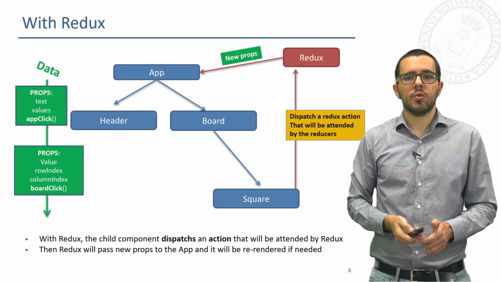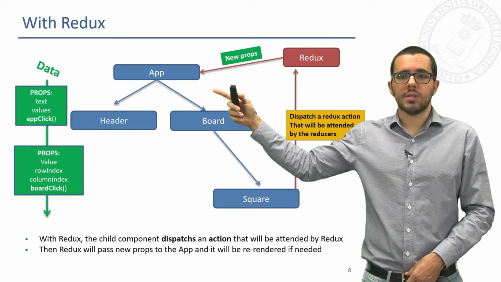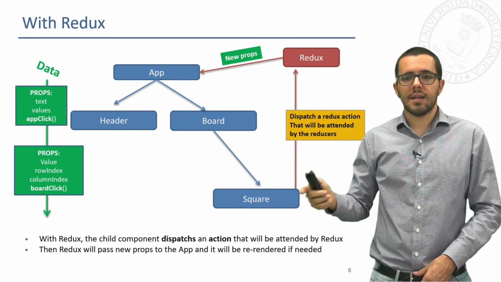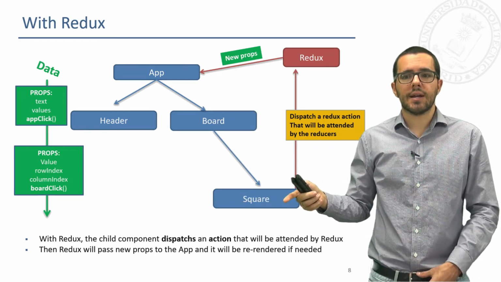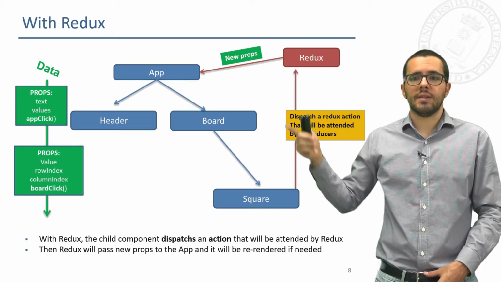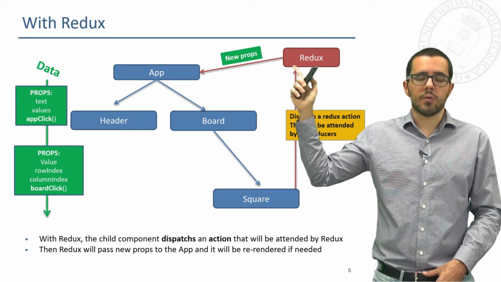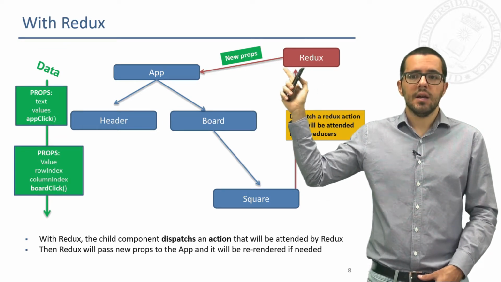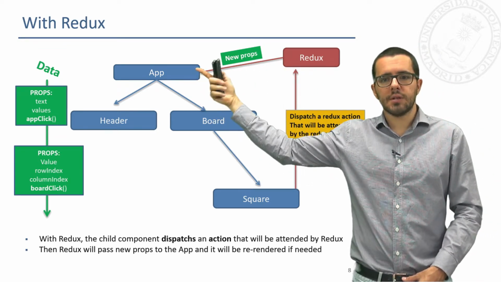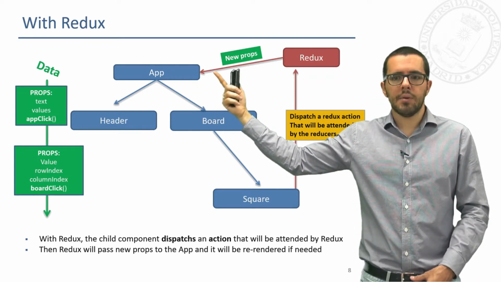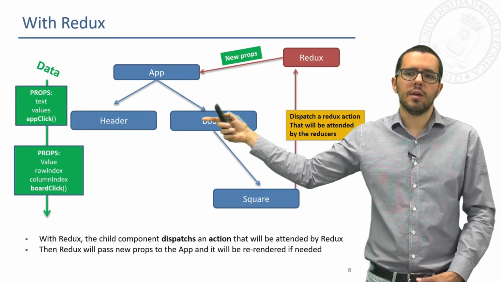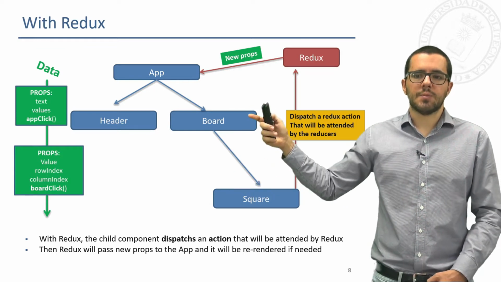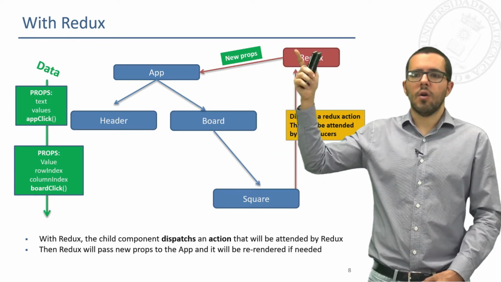What happens if we introduce Redux? Well, the data flow is the same, but in this case, the square can directly dispatch an action to modify the state, and all the logic and all the state will be in Redux. And when something changes, it will emit new props that will come to the app, that will send them to the header, board, and square as props. So this will be the flow.